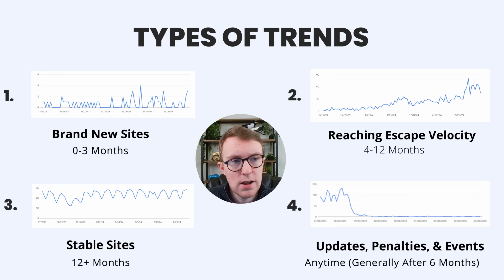The second type of trend is what I call when a site reaches escape velocity. This is during months, typically 4 to 12. Not exclusively, this can happen later. In fact, sometimes this takes 18 to 24 months to happen, but usually it occurs in that 8 to 12 month range.